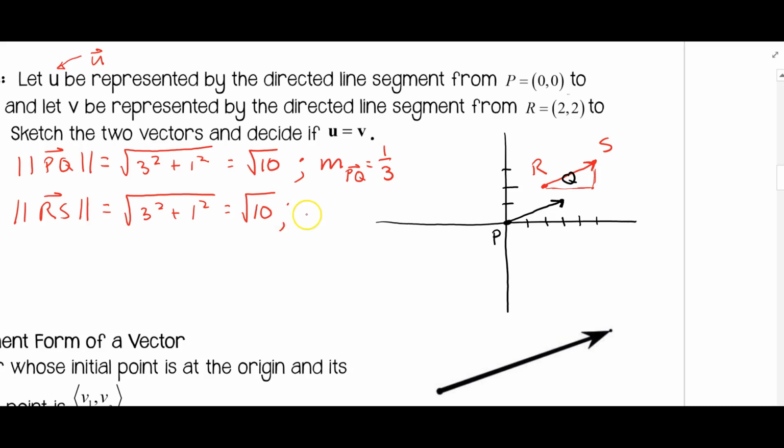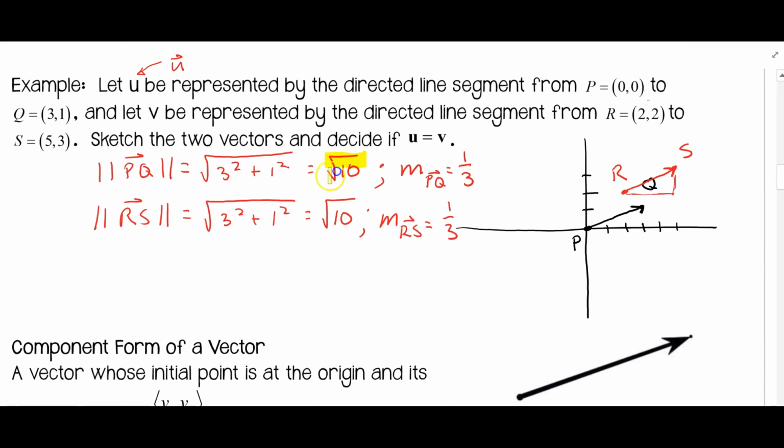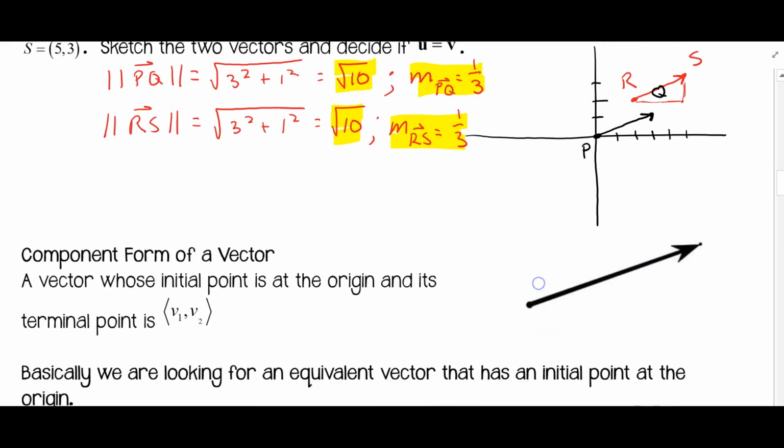And let's again check the slope of RS. All right, so slope again is going to be 1 over 3. So these are in fact equivalent vectors since they have the same magnitude and direction. All right, and then again, slope is just one way to denote the direction.